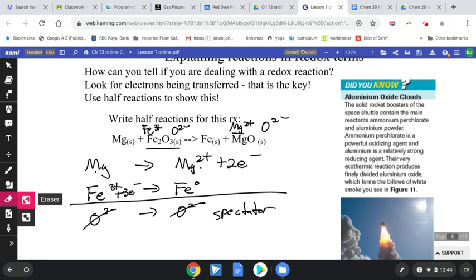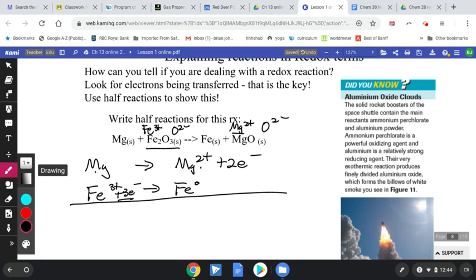Now, coming up, you're going to be able to balance these things. And when you're balancing them, it's actually pretty easy. We just have to have the electrons gained equal electrons lost. And right now you can see they don't. We have 3 gained, 2 lost. So we need to go with the common multiple of 3 and 2, which is 6. So we would multiply everything here by 3 to give us 6 electrons.